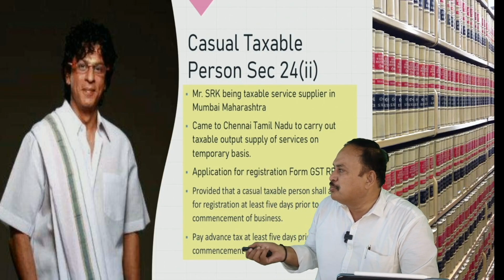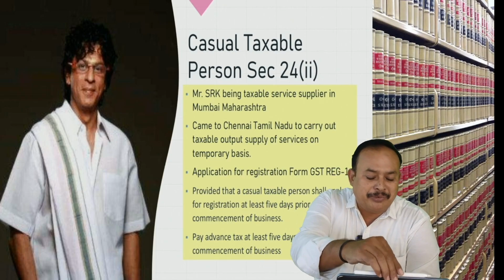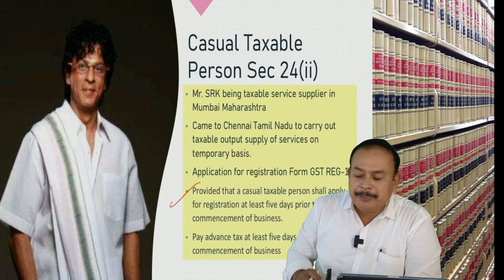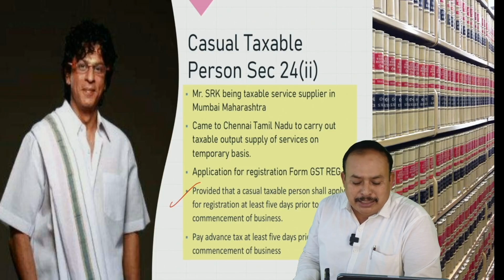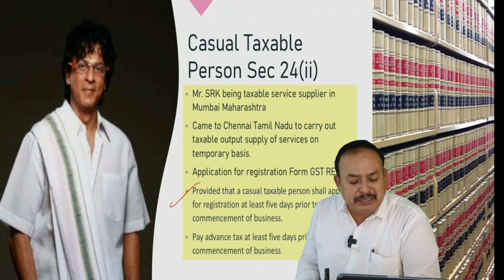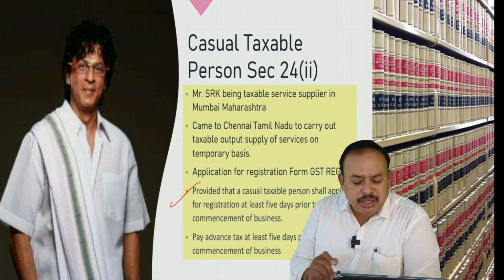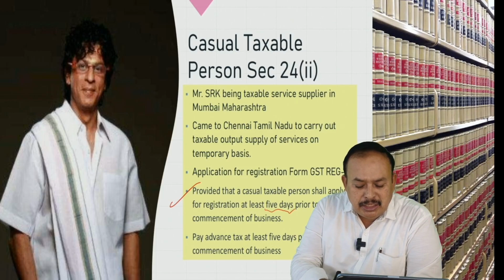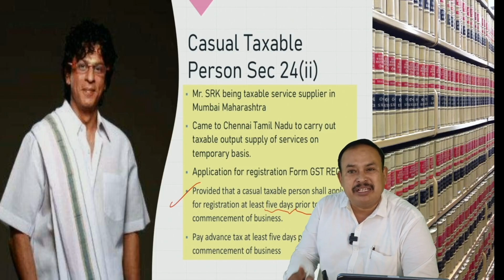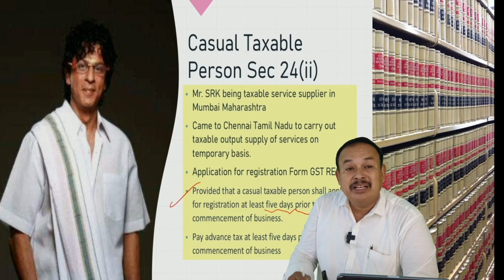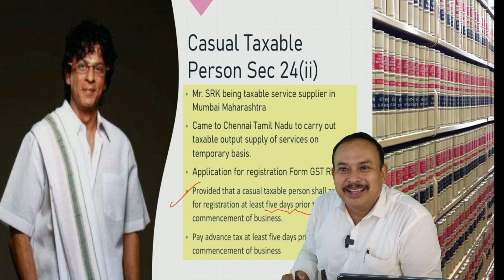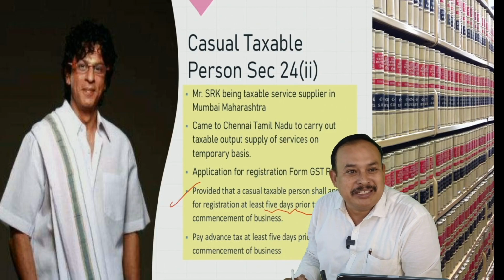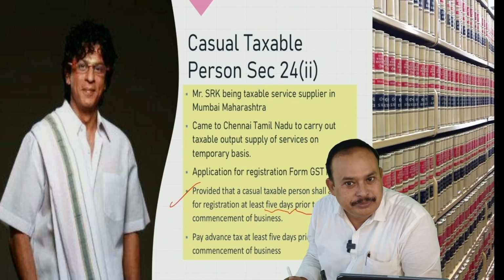Point here, you see, this point I am referring: provided that a casual taxable person shall apply for registration at least 5 days prior to the commencement of the business. That is important. For him, the 30 days time period is not there to apply for registration. Get my point? Yes or no?